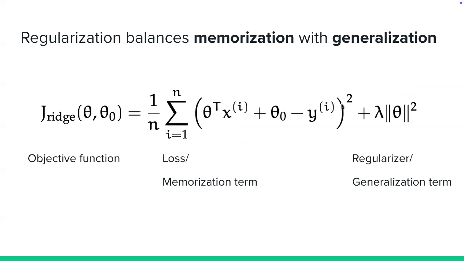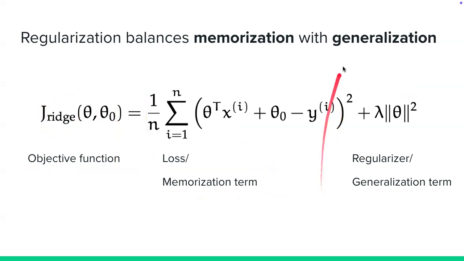So regularization balances memorization of the data with generalization. So now our objective function J becomes the sum of the loss and also the regularization term. So this is our objective function J.